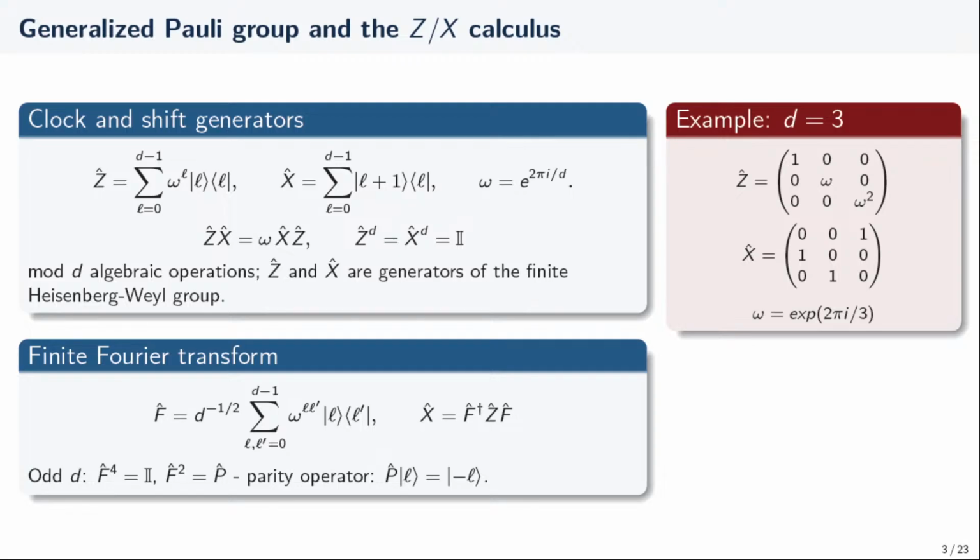This Fourier operator possesses several interesting properties. By the way, all this stuff we'll consider applies well only to the very specific case when the dimension of the system is an odd prime number.